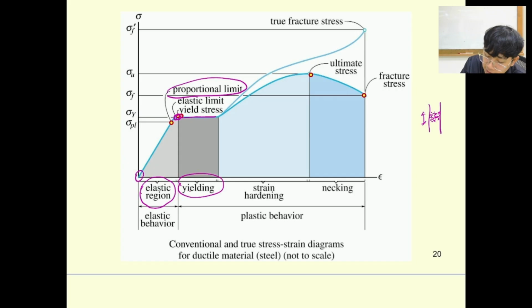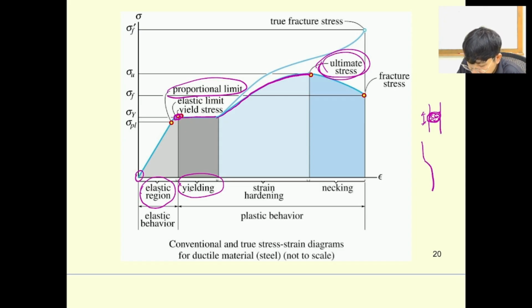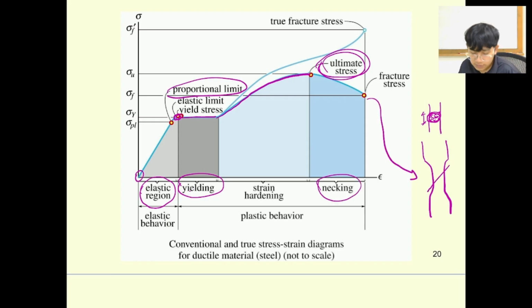After it rearranges its grain inside, you can see that it can resist a lot more load until it reaches its ultimate stress. When it reaches its ultimate stress, you can see that the material starts to neck like this, and then later it fails at fracture.